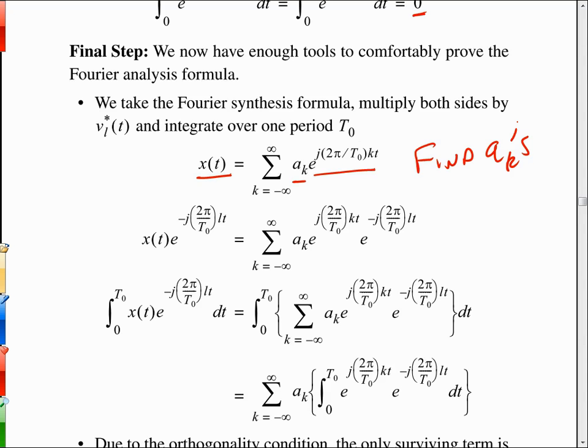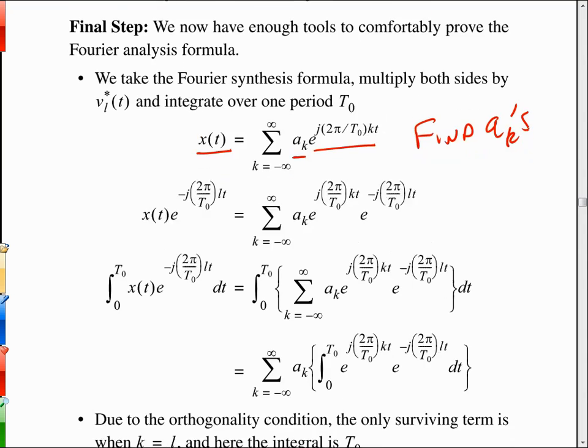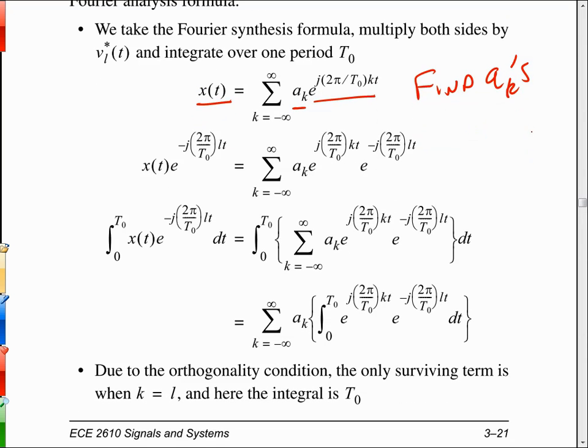Then let's integrate this side from 0 to T naught, and then let's do the same on the other side. So we're doing parallel operations, one on each side. And so we do the multiplication here and here, multiplying by e to the minus j 2 pi over T naught l t, and then integrate both sides.